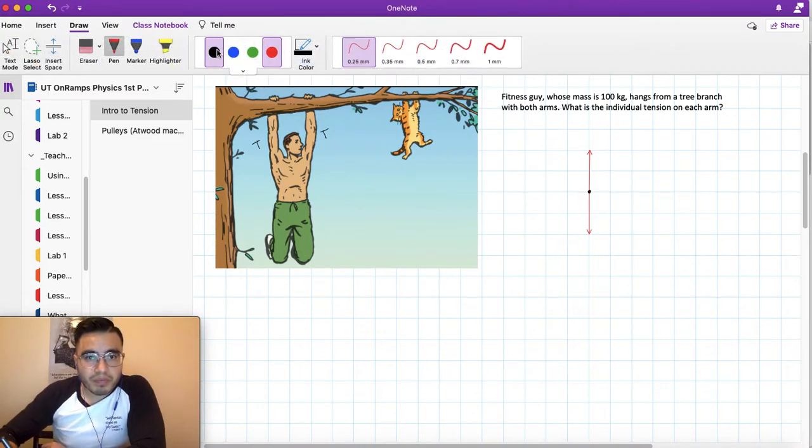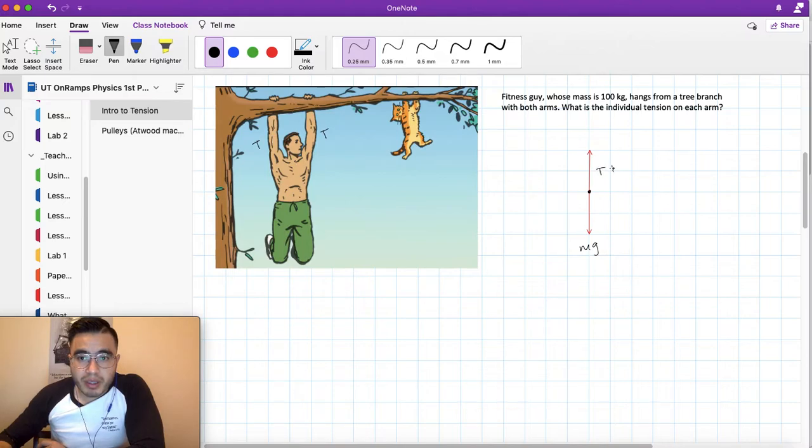Let's label. We know this is the weight, mass times gravity. Now over here, we would have the tension from each arm. In other words, this one would be T plus T, or 2T. And that's very important when we draw a free body diagram.